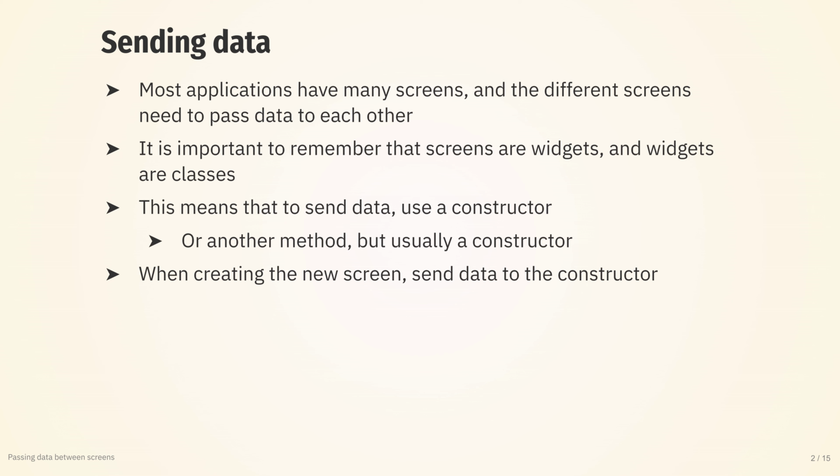And that means that the easiest way to actually send something to another screen is by using the constructor. So when we create a new screen, we also create a new constructor taking the data that we want to send.